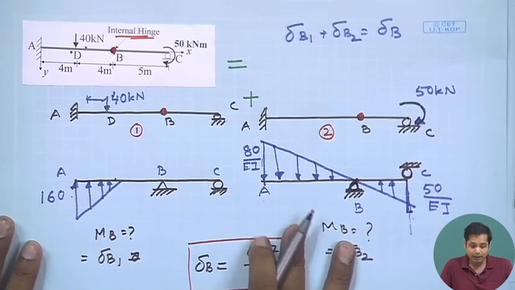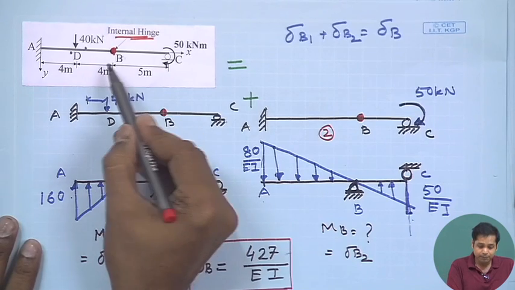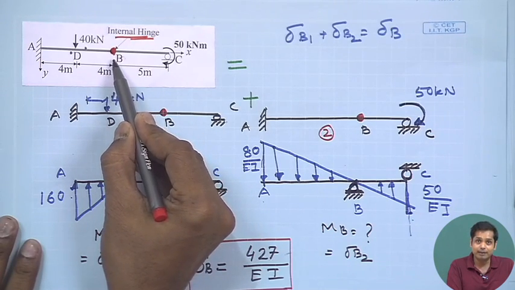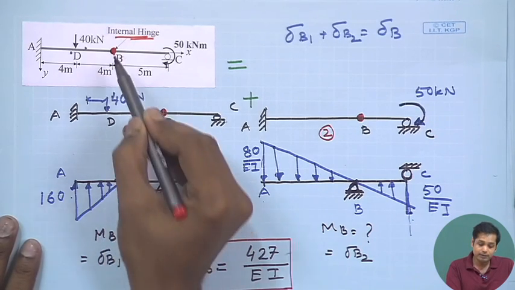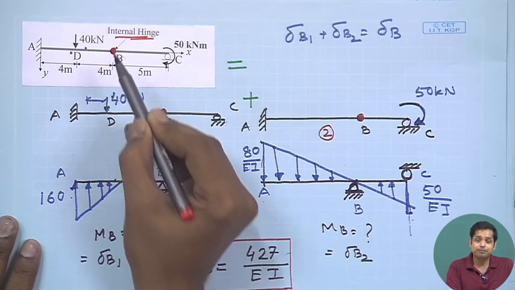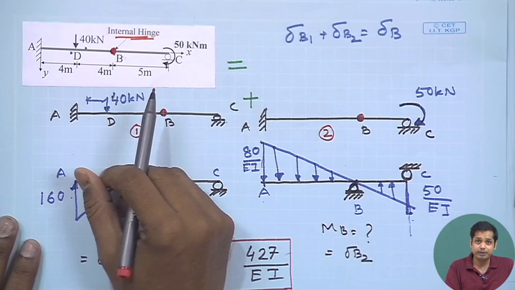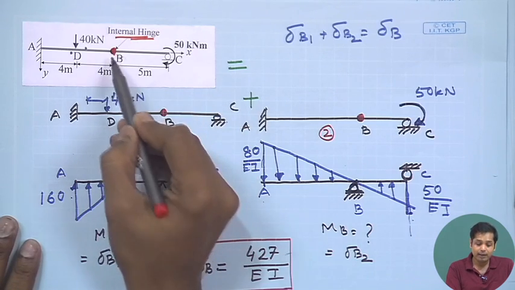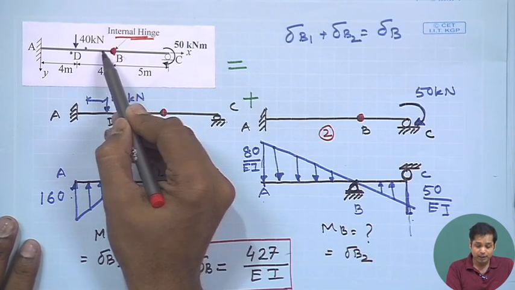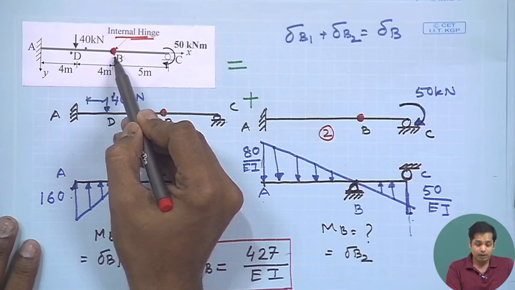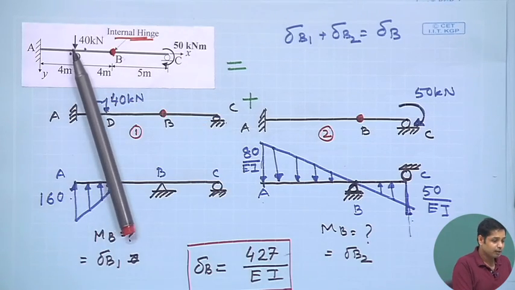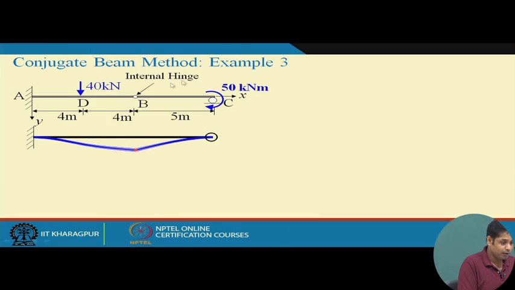In addition to that, also find out the slope theta B. Since it is a hinge support, the hinge does not give you any rotational constraint, so the slope is not necessarily continuous at point B. For instance, if you see the animation, this is the deflected shape of the beam, and this point is the hinge point.